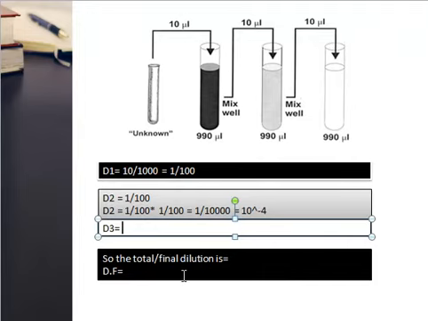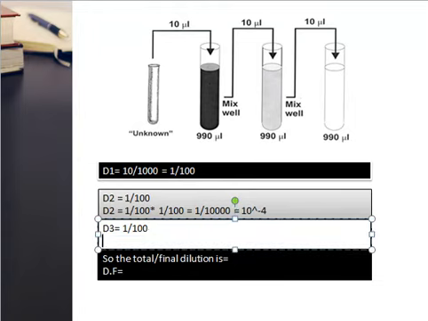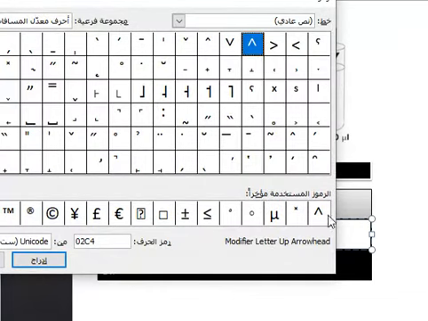Tube 3 is also diluted as 1 over 100 from tube 2. So the dilution will be 1 over 1 million, which means 10 to the power minus 6.